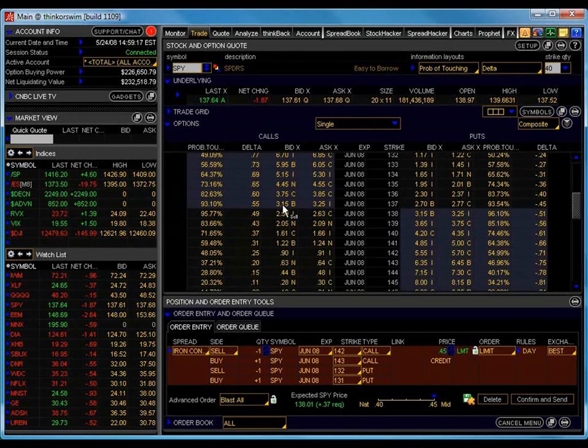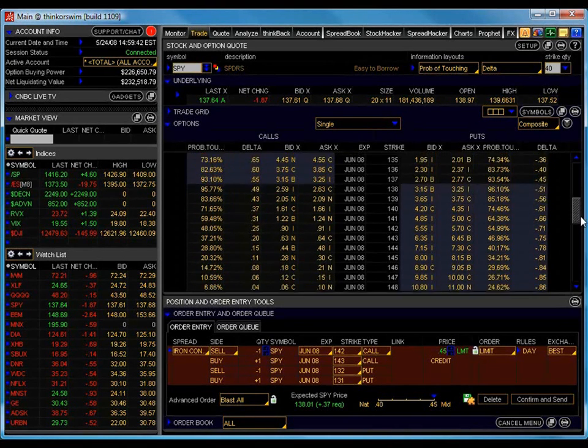Well, the probability of it actually coming to touch this 142 strike price is 48%. So there's a 50-50 chance that the stock will actually rise to the point where it's going to touch that 142. If it does touch that 142, we're going to be in a less profitable position.